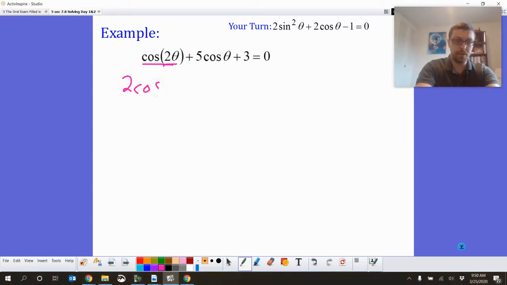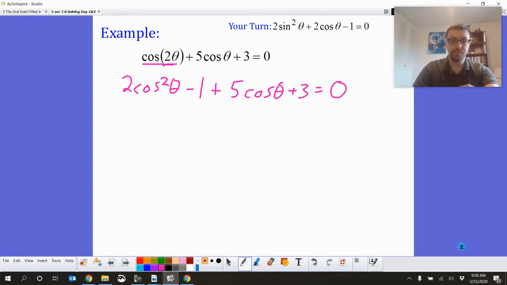2 cosine squared theta minus 1 plus 5 cosine theta plus 3 equals 0. This piece being what was already in the problem. Okay, I want to clean that up a little bit.